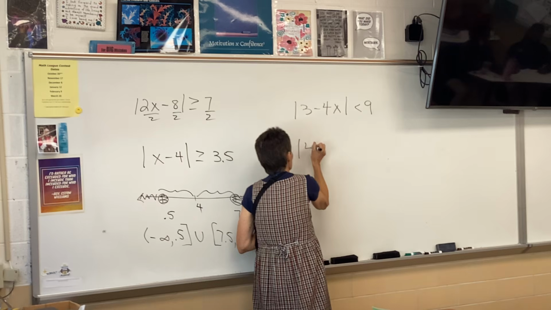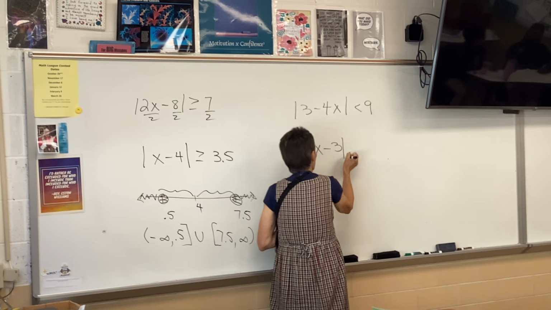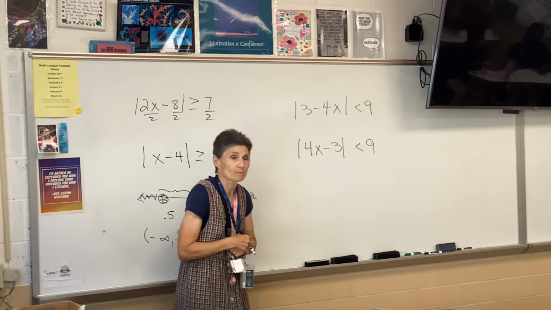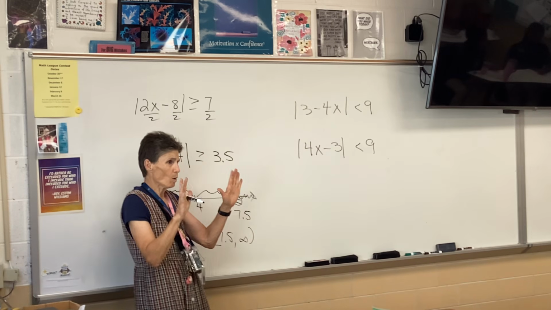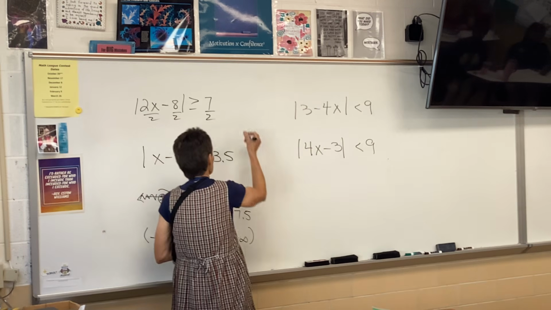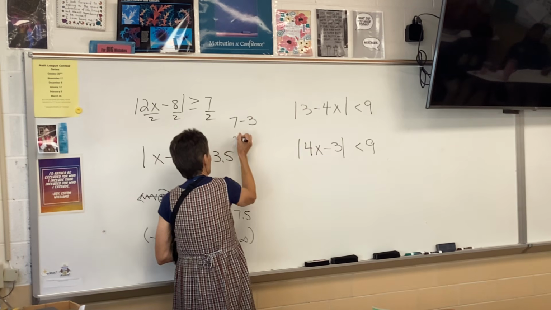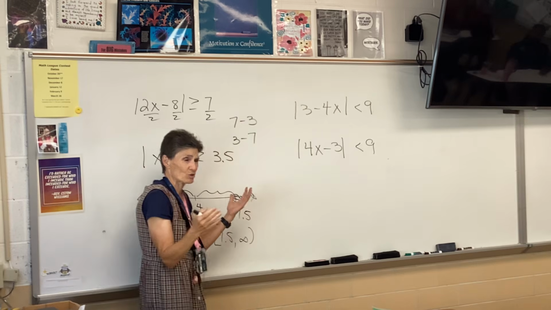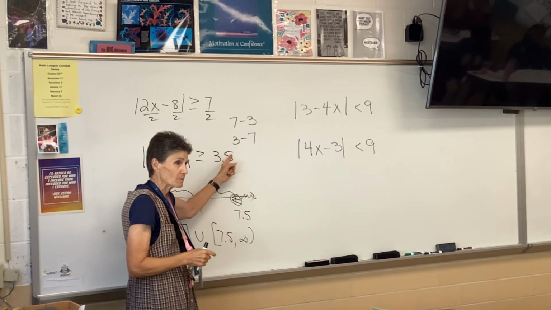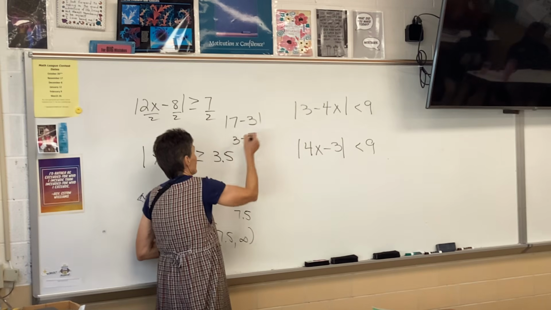If I don't like the order that it's in, I'm allowed just to turn it around. And you're thinking, whoa, whoa, whoa. You can't just turn it around. If you're doing 7 minus 3 and 3 minus 7, you can't just turn it around because these are not the same thing, right? But what if they're in an absolute value?